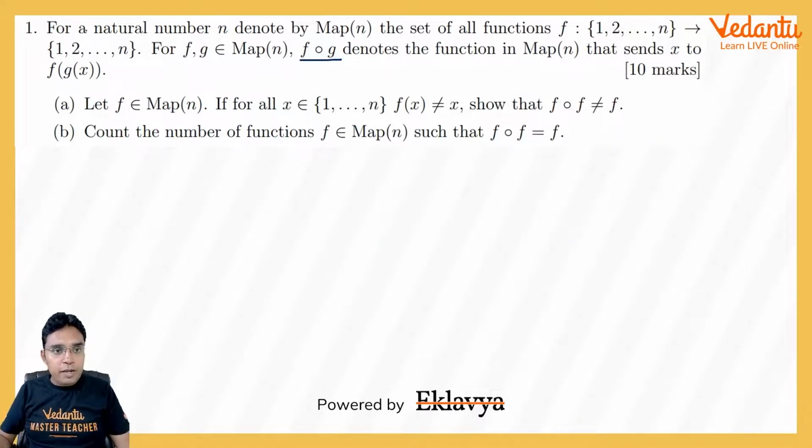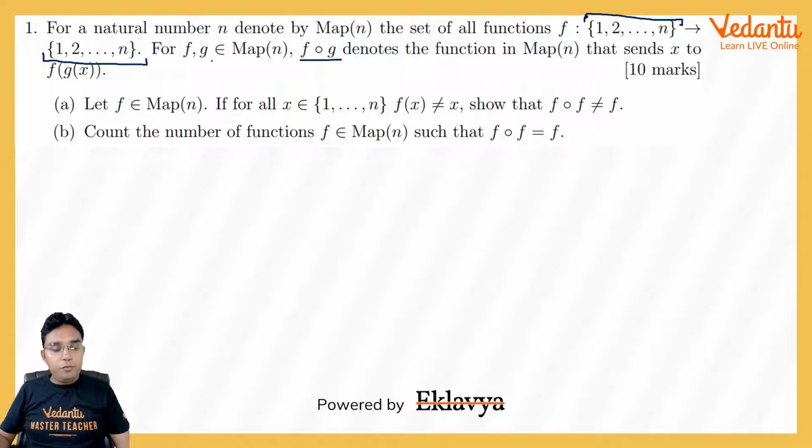So we are given that for a natural number n, denote by map n the set of all functions f from the set 1, 2, up to n to 1, 2, and so on up to n. So you can see the domain of this function is the same set as the codomain. Although range we cannot say, but yes, range will also be a subset of this set only.